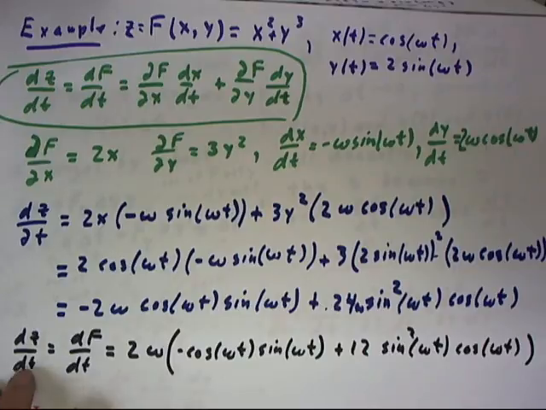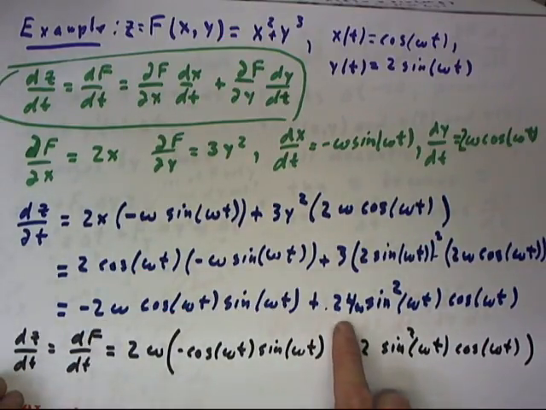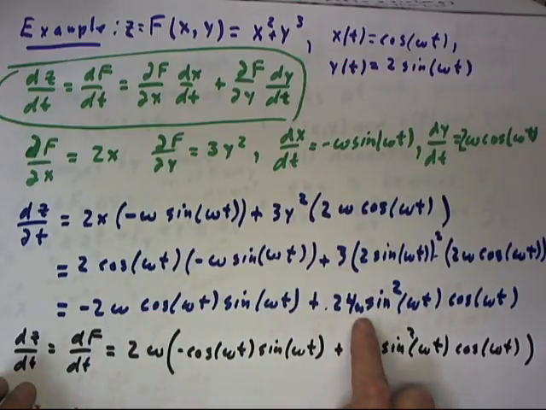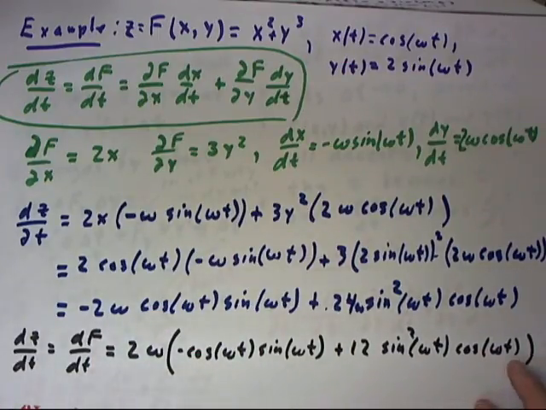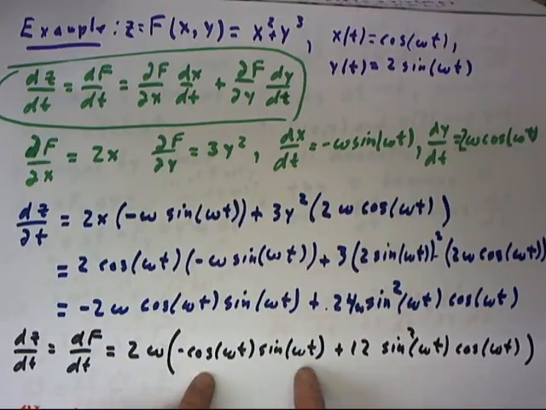And we then get this expression, simply factoring out a negative 2 omega, factoring out a 2 omega, fairly straightforward. Having done that, we recognize that we also have a cosine of omega t and a sine of omega t common to both terms.